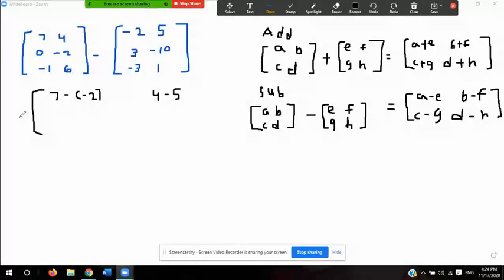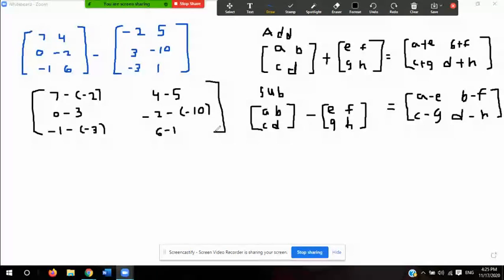And then we're going to have 0 minus 3, and then negative 2 minus negative 10 on the other side, negative 1 minus negative 3, and 6 minus 1.